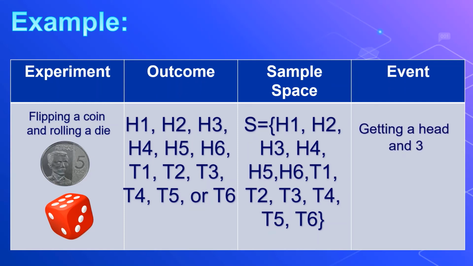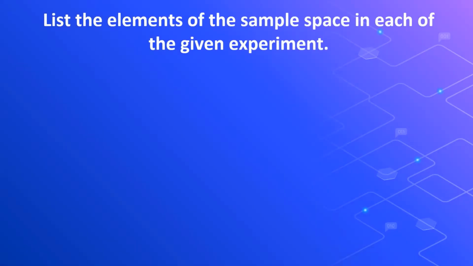For example, our event is getting a head and number 3. So let E be our event. E is now equal to {head and number 3}.